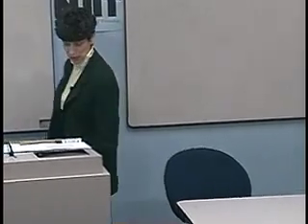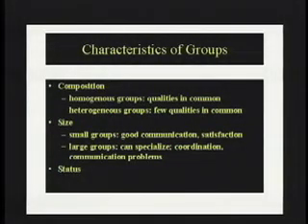So the different types of groups. And if we move to the next issue that we wish to tackle, characteristics of groups. How do the characteristics of groups affect the functioning of that group?